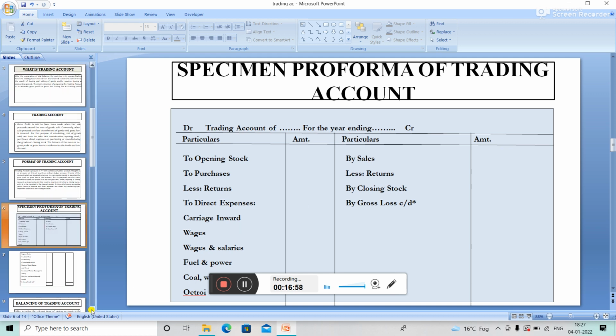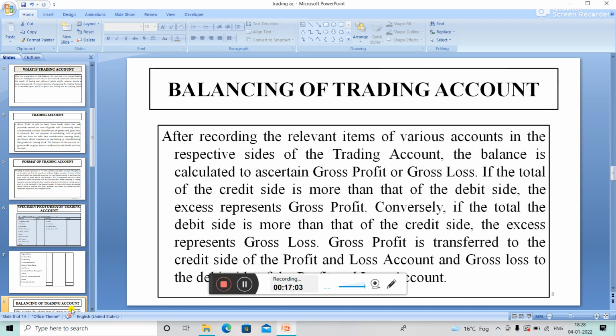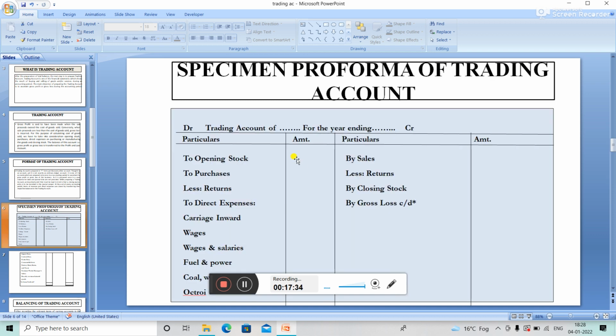So this is all about the trading account, but further we are going to learn about the balancing of the trading account: in what cases we write down the gross profit, or the gross loss. When the debit side is more as compared to the credit side, again I'm repeating, in that case we get a gross loss. How do we write the gross loss into the trading account?